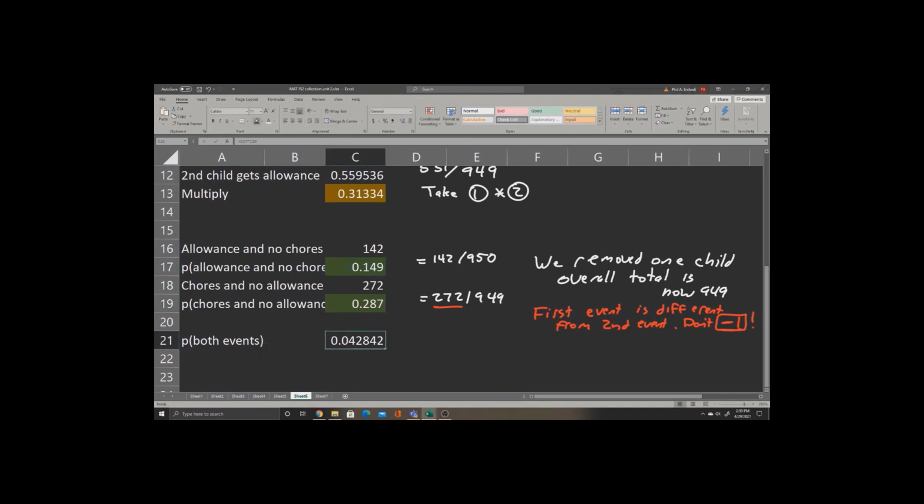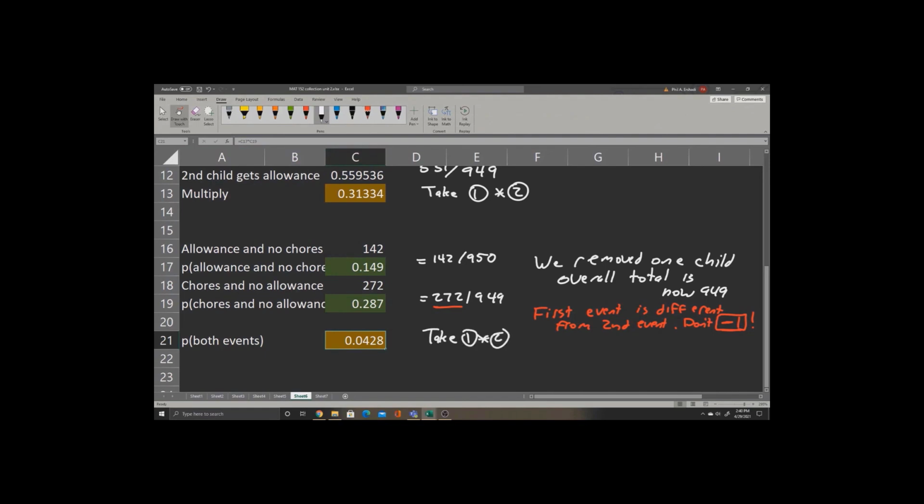So the probability of selecting two children in a row, one of them who gets allowance and no chores, and the second who does chores but gets no allowance, is 0.042842, a very small probability. Again, we can reduce the decimal. We'll say it's a little bit greater than 4%. So once again, just like before, we are just going to multiply the first probability times the second probability. That's what's going to give us our final answer.